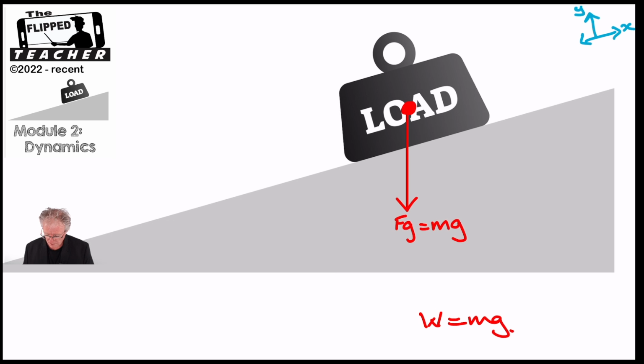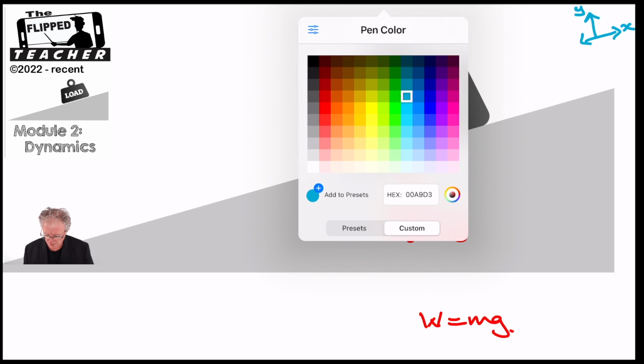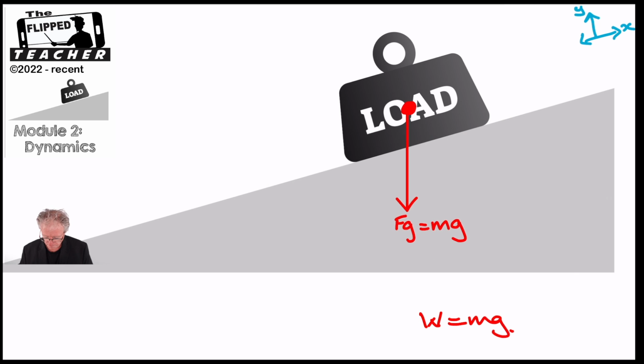So if we've got our force going down, let's do our normal force, which is going up. Okay, remember our normal force is perpendicular to the surface that we're on. So there's our normal force there. And of course we have to have our forces in the same orientation, or our same coordinate system.